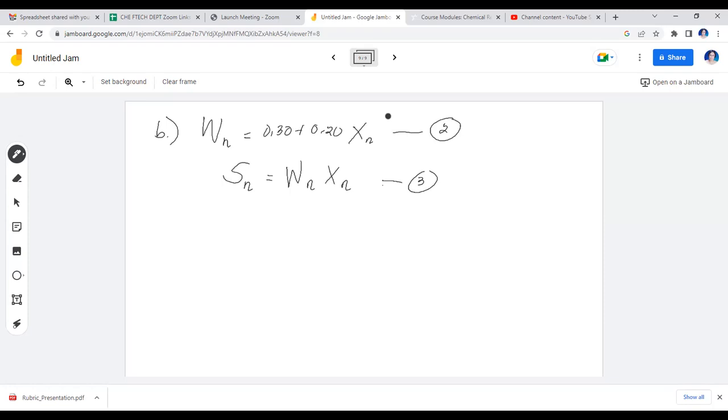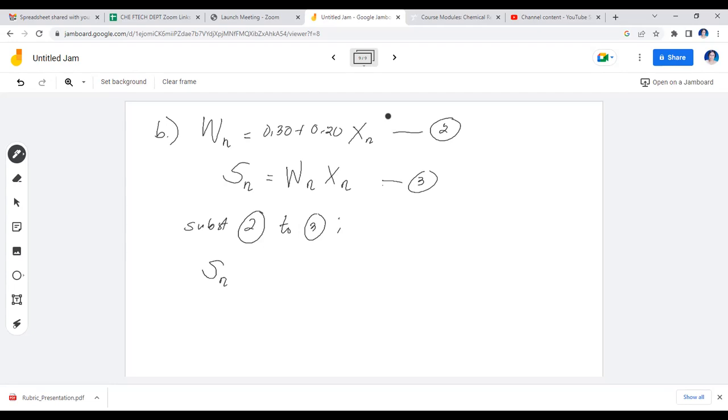If we will substitute equation 2 into 3, I did not label this in my notes. So if you substitute equation 2 to 3, this is what you'll have.